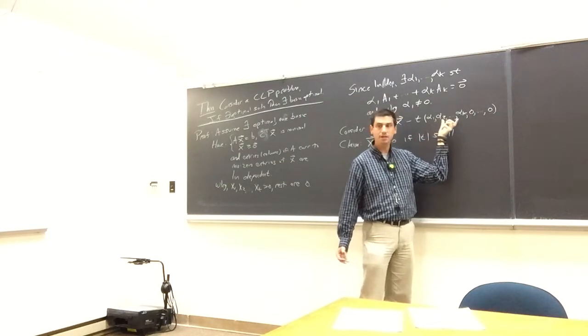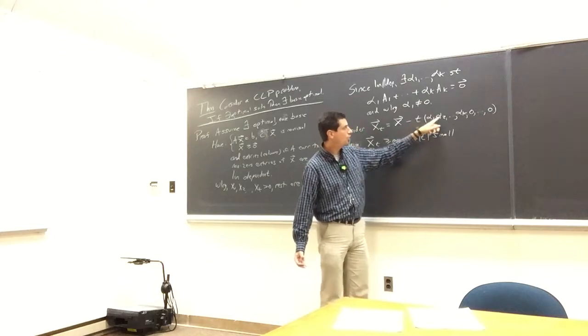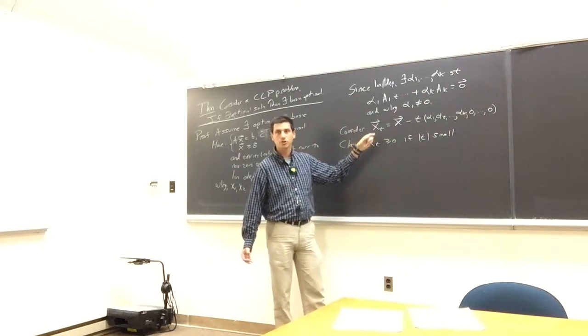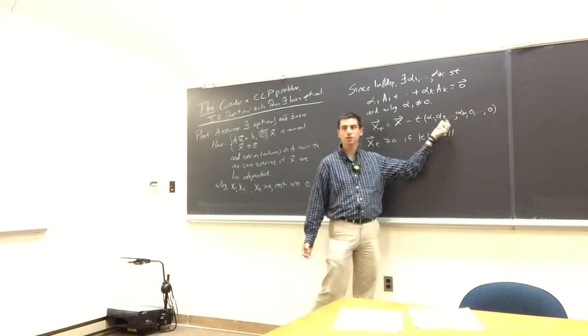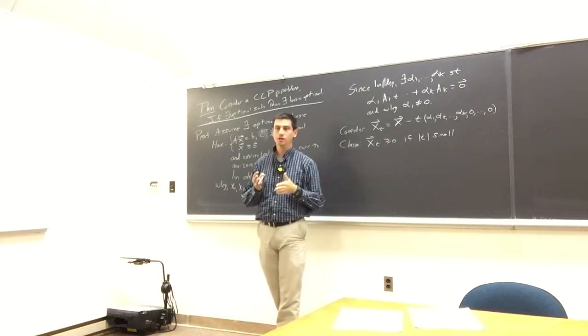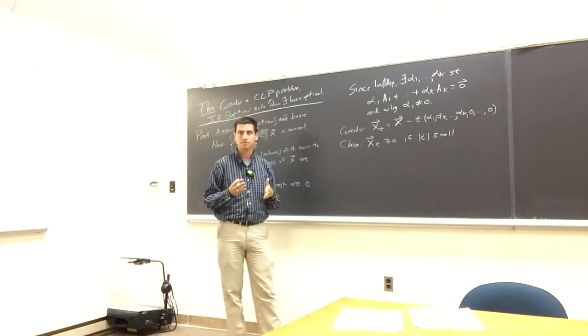It doesn't matter what t is. For the stuff in the beginning, if t is sufficiently small, all of these correspond to non-zero entries of x. So I'm either subtracting or adding a little bit from the non-zero entries of x. If t is sufficiently small, it's still going to be positive.